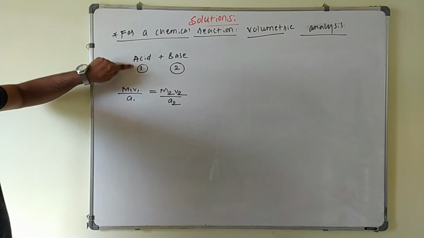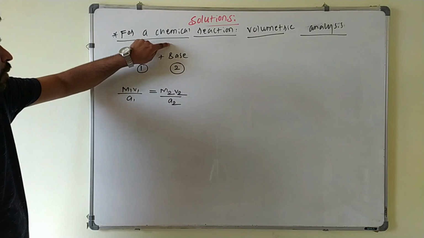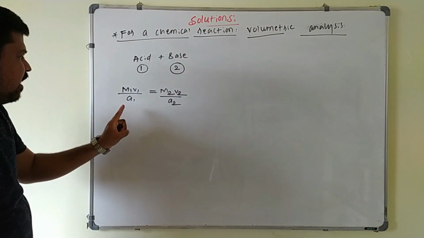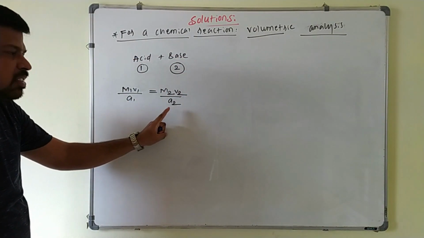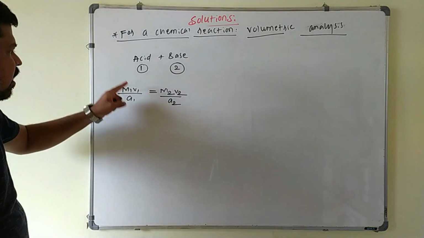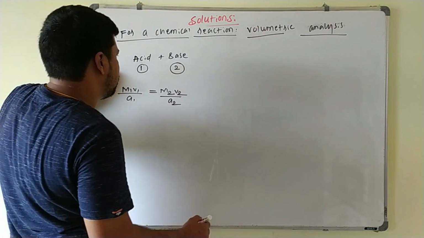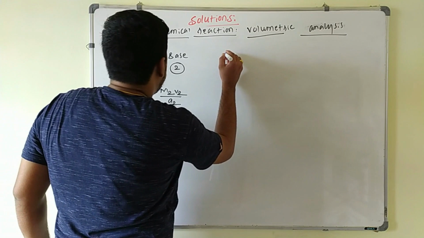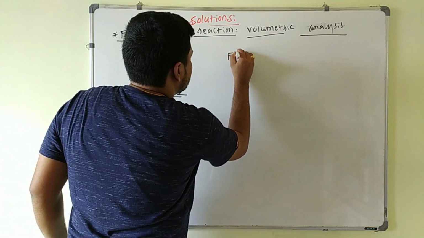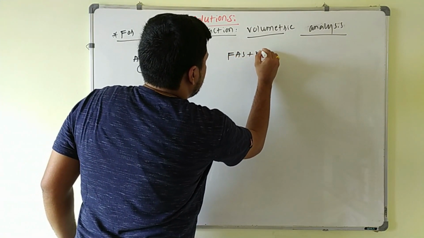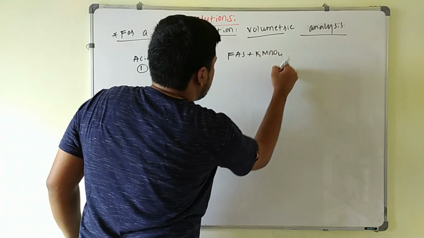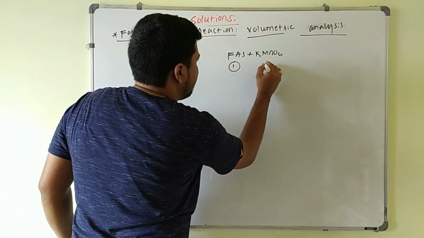Molarity of the acid, volume of the acid, molarity of the base, volume of base. A1 and A2 are the stoichiometric coefficients. This can be taken even for the redox reaction, that is, if you take FAS versus KMnO4, for this one I will take 1 and 2 here.